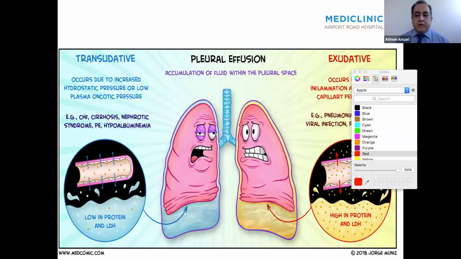A simple diagram for this: exudate is when there is an active process, either inflammation, cancer or infection. Transudate is when there isn't an active process like those, but there is some hemodynamic compromise in terms of liver failure, kidney failure, hypoalbuminemia, so there is a fluid osmotic pressure, and so on.